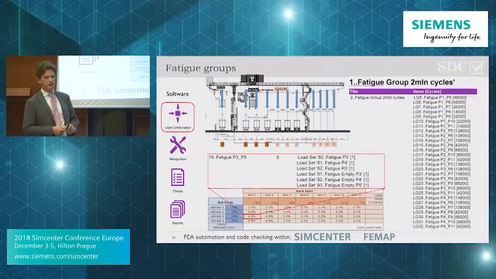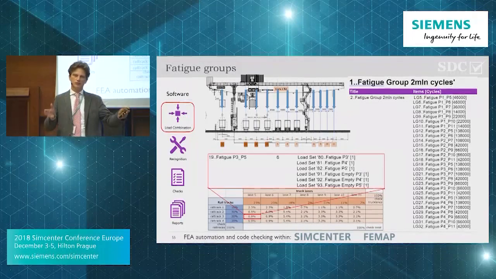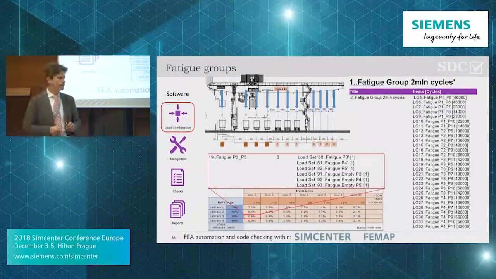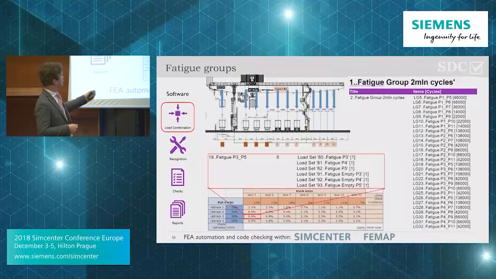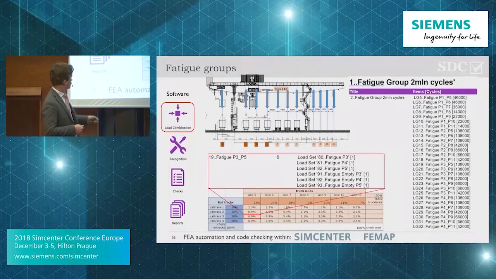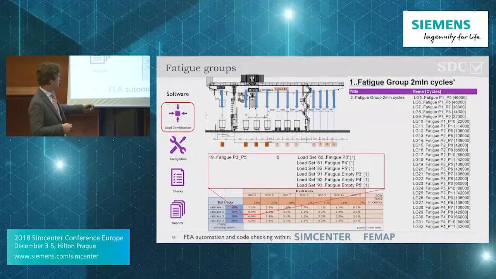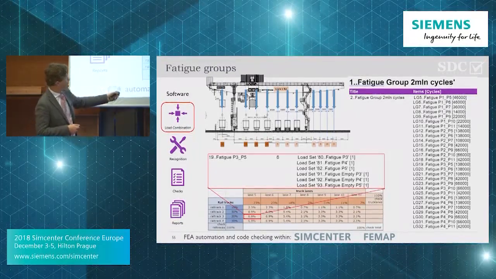How do we do fatigue then? We have these 22 load sets, but we need to define the real situation. So we need to go from position 1 to position 5, from 2 to 7, and so on. The client made a complete table where, okay, I go from rail track 1 till 4, and I need to move from 5 to 7.